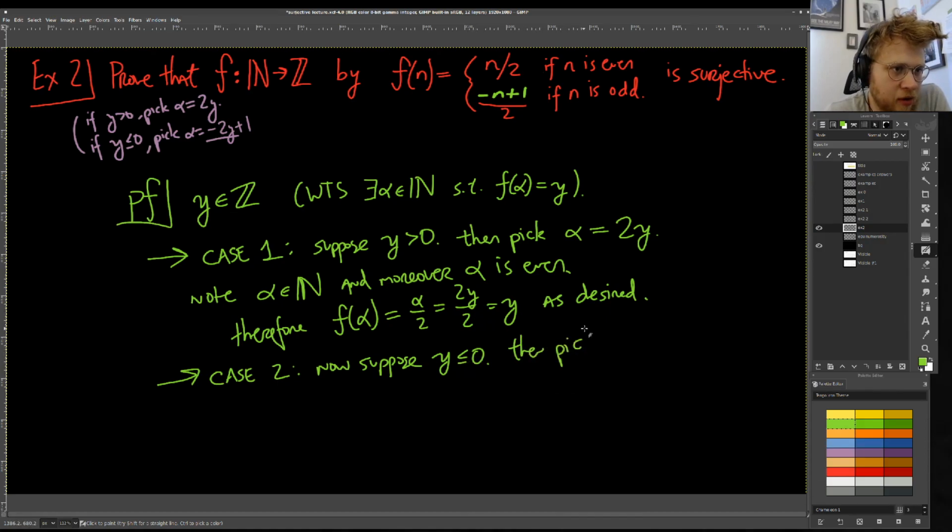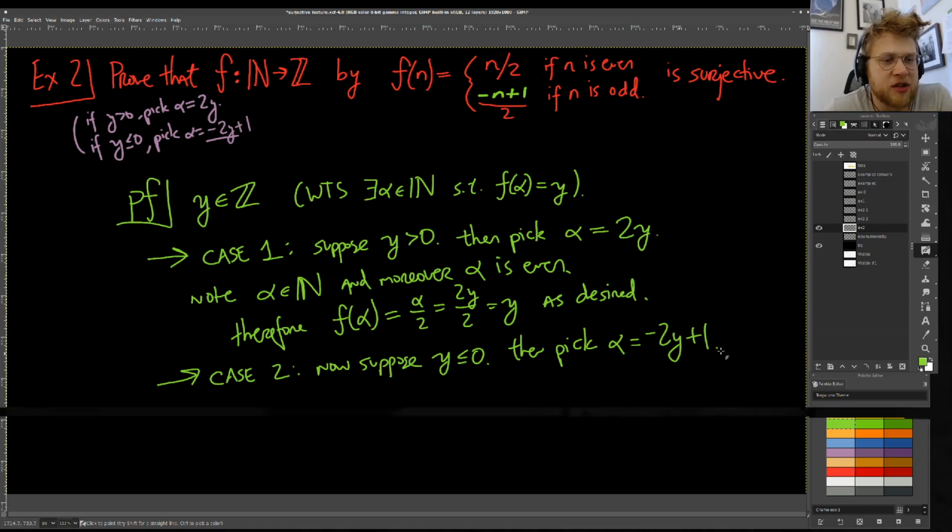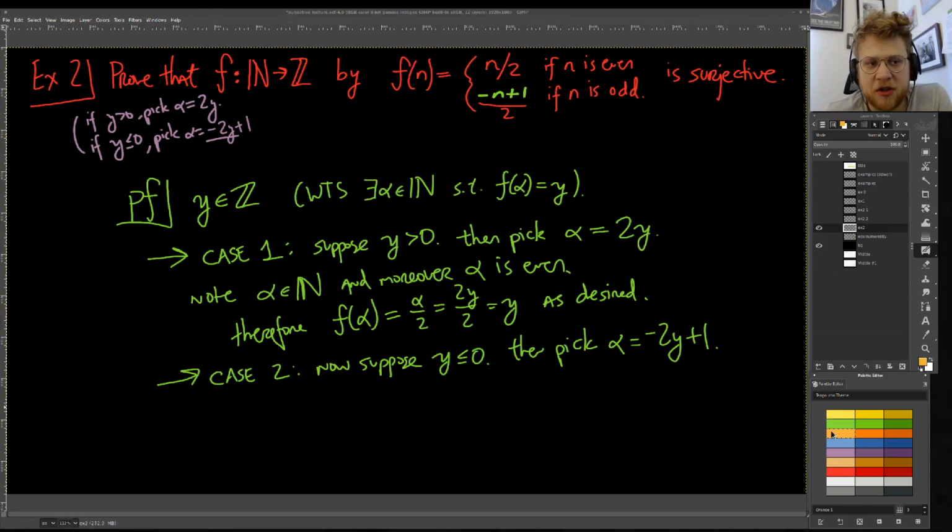Then pick alpha equals negative 2y plus 1. Although we did the work on the previous page, because this is one of the trickier parts of the proof, it's probably good to go over that again in the final proof.